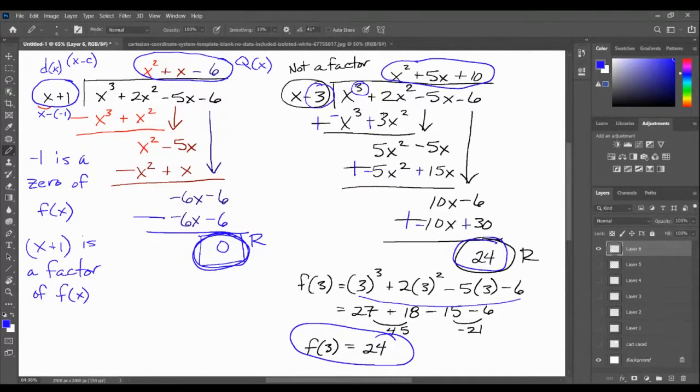I don't have to guess and try to find a new one. Once I'm down to a quadratic, I can plug that straight into the quadratic formula. That's going to save you a lot of time later on. I guarantee it. Once you get a quotient that's a quadratic, plug that into the quadratic formula to get the other zeros. Do I have any questions before I go to synthetic division?